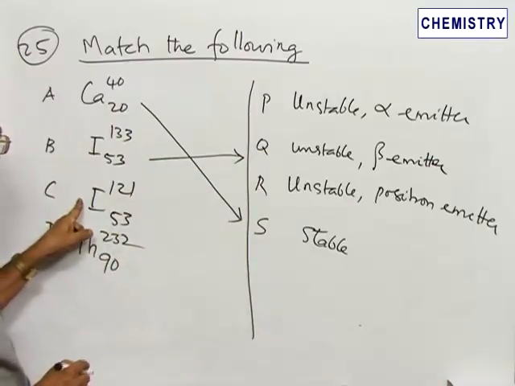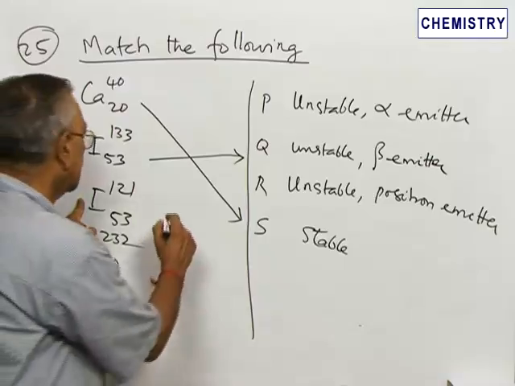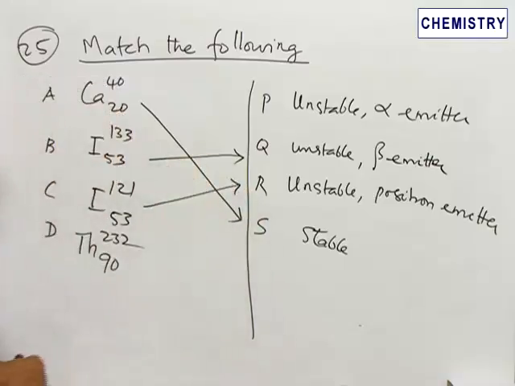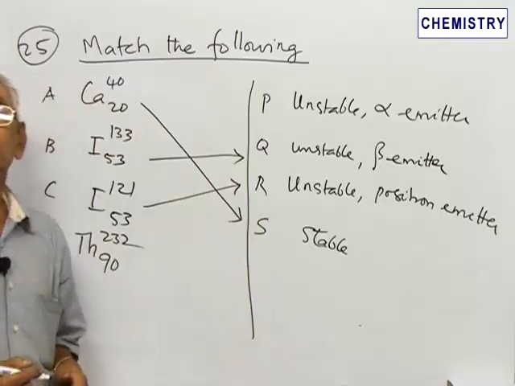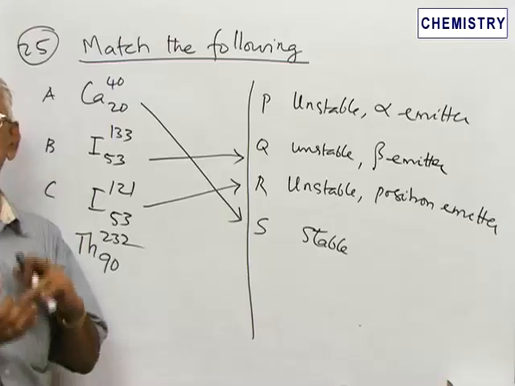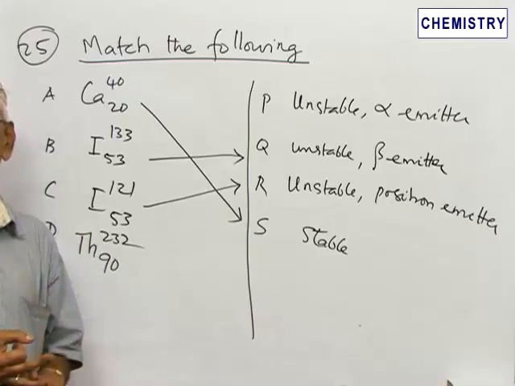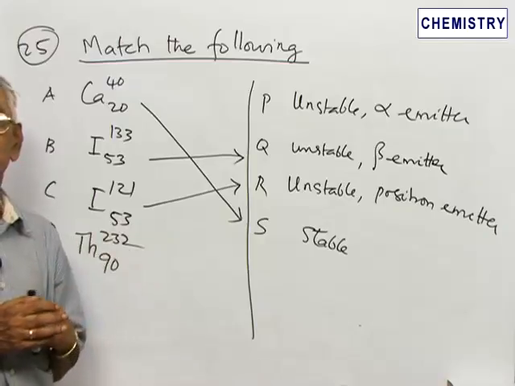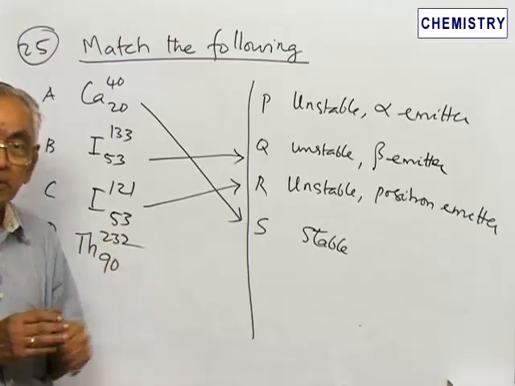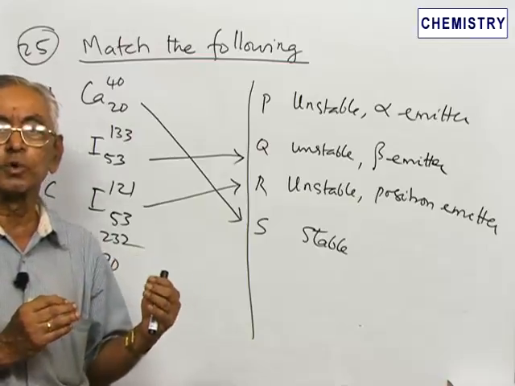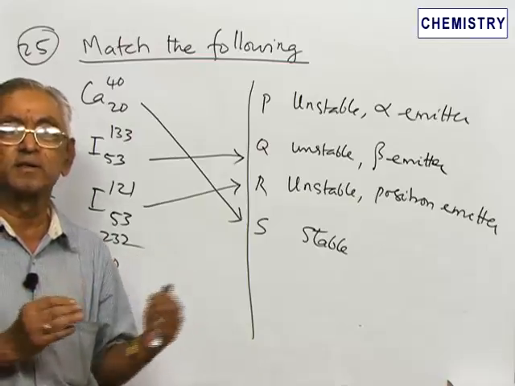As far as C is concerned, it is unstable and it is a positron emitter. As we know, in radioactive decay, generally we have the alpha, beta and gamma radiation. In addition to this, there are two other emissions of lesser significance.